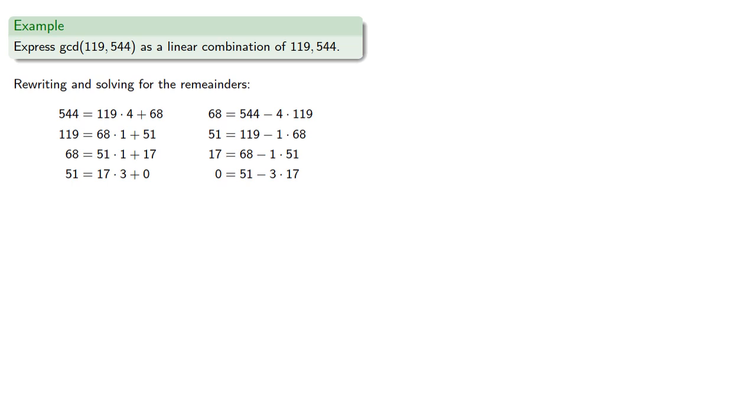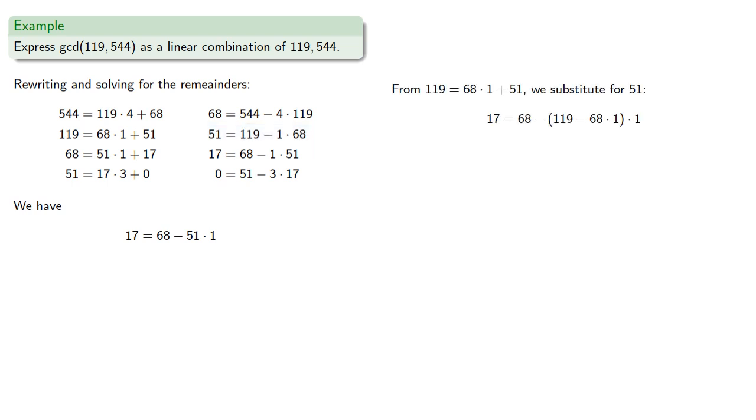and now we can use substitution. So I do want to get 17 as a linear combination. So I have 17 as a linear combination of 68 and 51. But I know that 51 is 119 minus 1 times 68, and so I can replace and simplify.